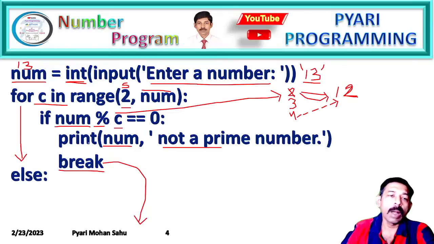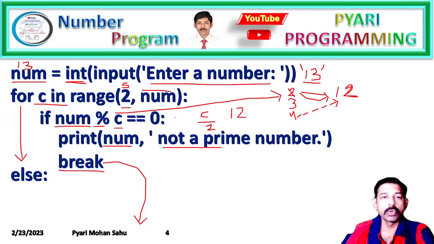It comes out of the loop without completing all iterations. For example, if my number is 12, initially the C value is 2. Now number modulo C, 12 modulo 2 equals 0. It is true. Now if it is true, it will display not a prime number and break. Break means come out of the loop.